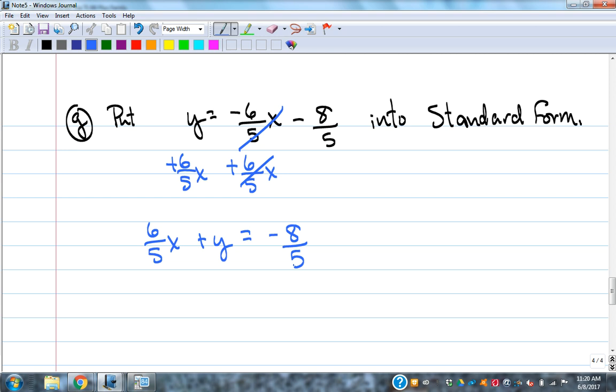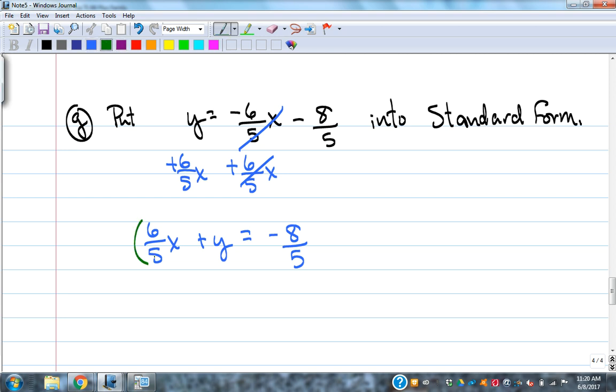Okay? Well, the easy fix, and it is an easy fix to get rid of those fractions, is look at the denominator in those fractions. They're 5s, right? If I multiply every piece by 5, it's going to cancel that 5 in the bottom out. But I have to multiply every piece by 5.